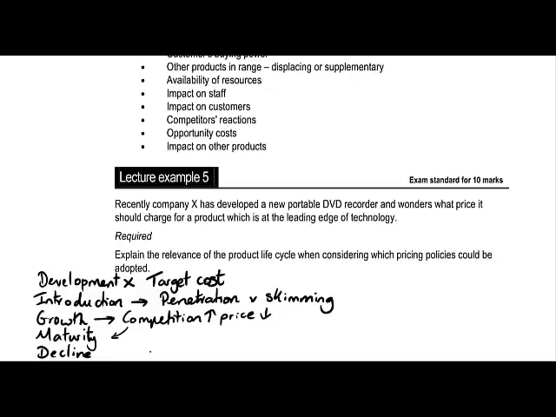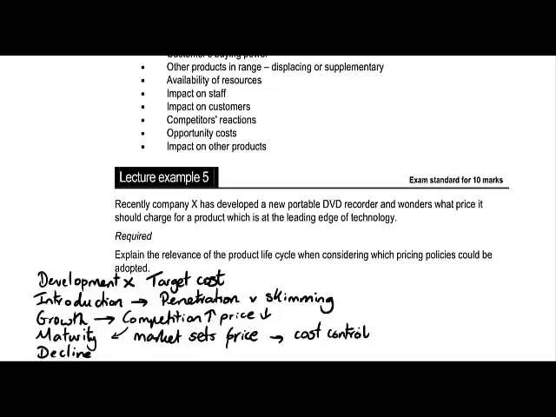The maturity stage, it's really the market that's going to set the price. It's what the customers will actually pay for that particular product. And to make a profit, really the focus is going to have to be on costs. You've got to keep your costs under control at that point so that you can carry on making a profit from a product for which you can no longer charge a premium price.